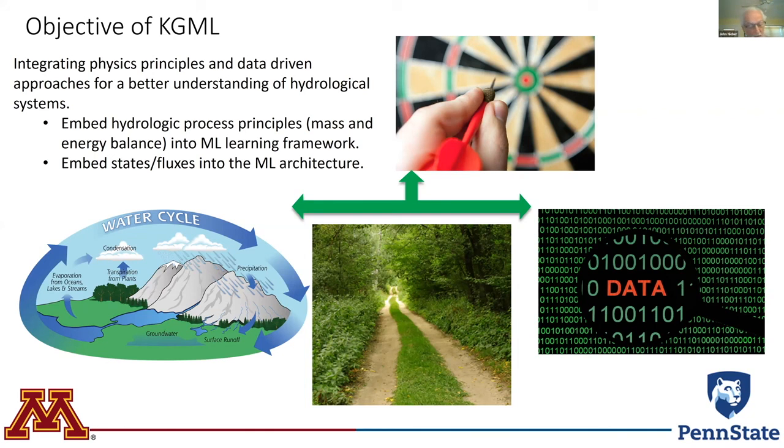The idea is to combine two approaches to identify the pathway to more accurate predictions. Of course, the effort will require close collaboration between the domain scientists and the data scientists, and we're starting to see a lot of that collaboration going on in some of these funding programs.